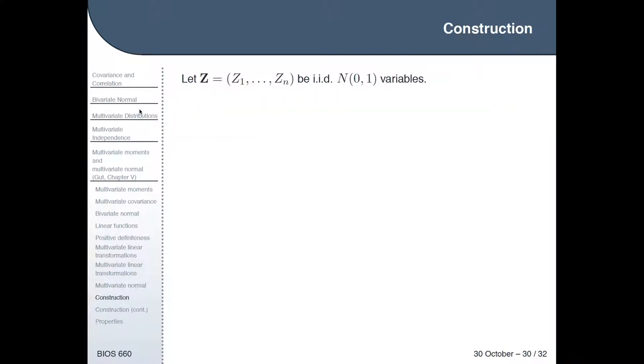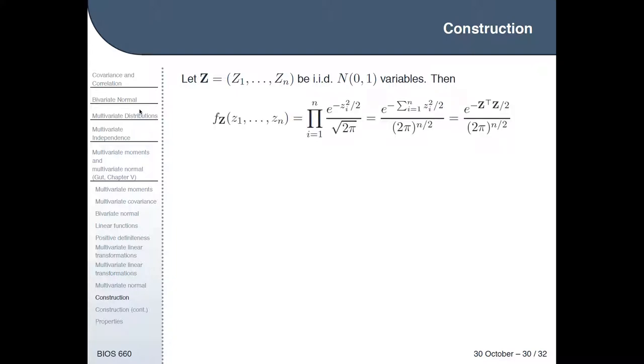How do you construct these variables and show that such a thing can actually exist? Let's say we start with a bunch of IID normal 0, 1 random variables. It's easy enough to find the joint density of those, since they're independent: we just multiply all the marginal densities together.